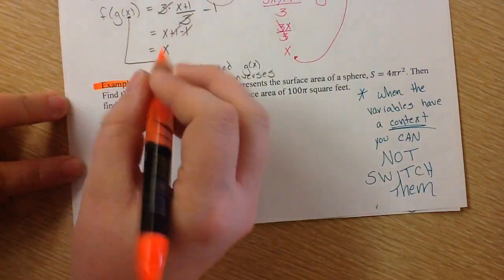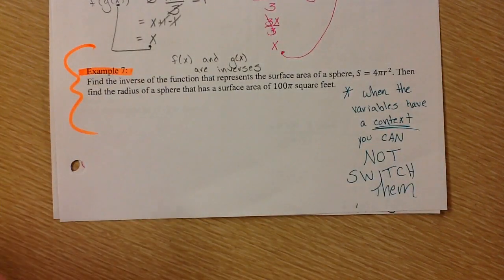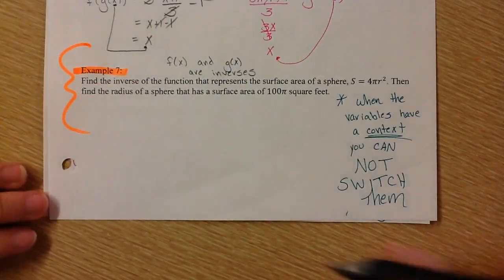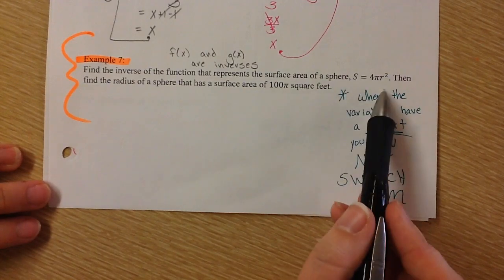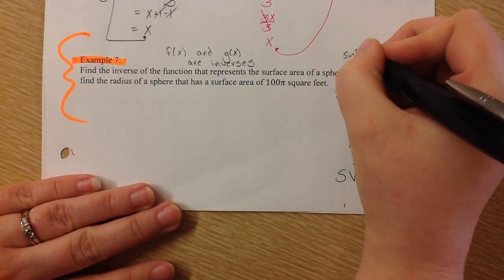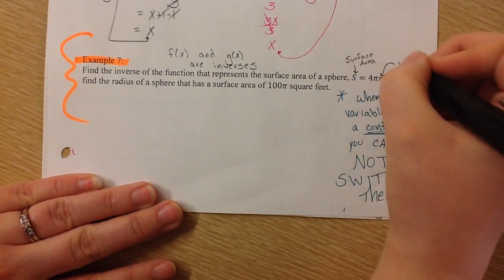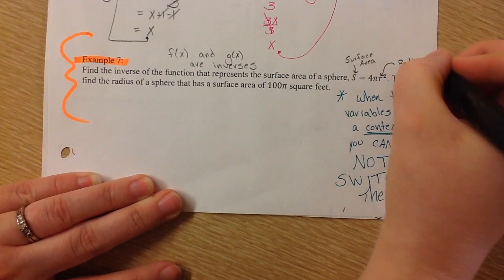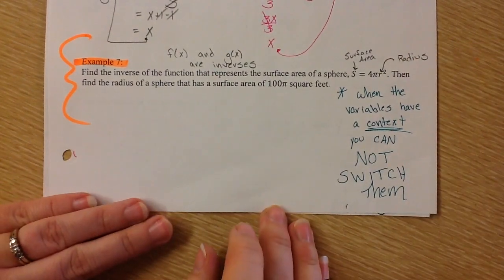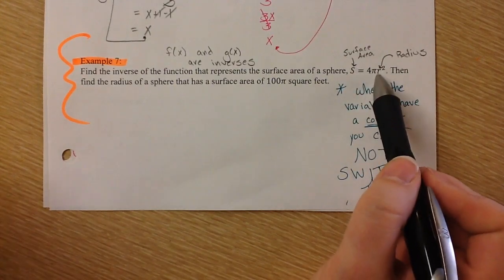So for this example 7, I guarantee people are going to be getting practice and skill checks wrong on this. They're going to try to flip-flop the variables when they have a context. Like here, S represents surface area. R represents the radius. I cannot just flip-flop the radius and the surface area, because then the equation will not make sense at all.